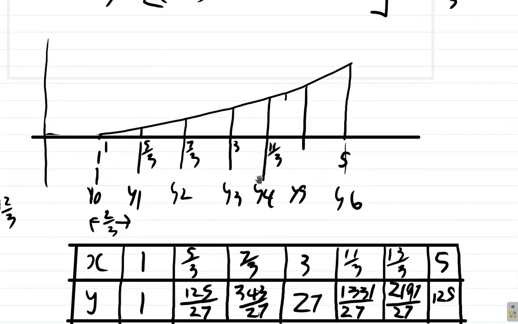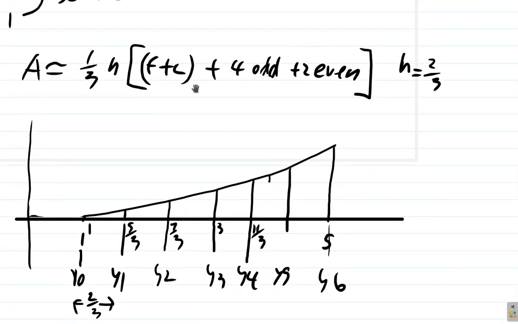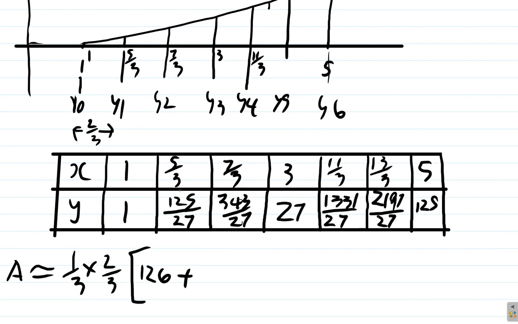First plus last. The first one is 1, last one is 125. 1 plus 125 is going to be 126, plus 4 times the odd ordinates.